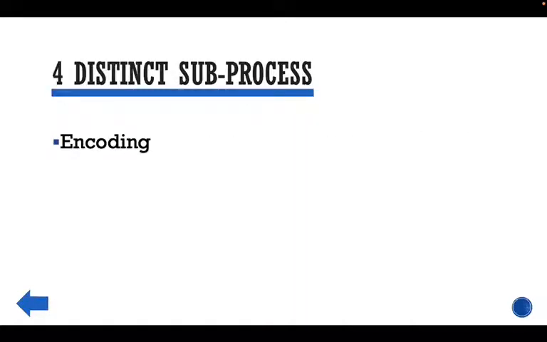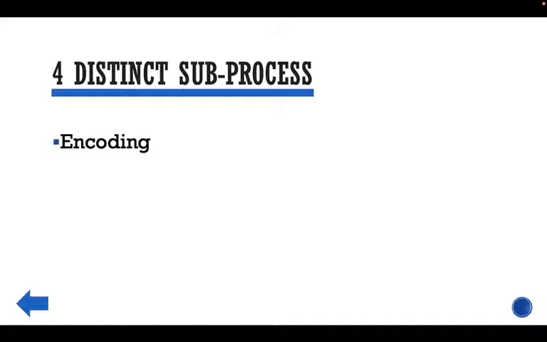The first is encoding. If someone asks you what you ate for lunch today, more than likely you could recall this information quite easily. This is known as automatic processing, or the encoding of details like time, space, frequency, and the meaning of words.